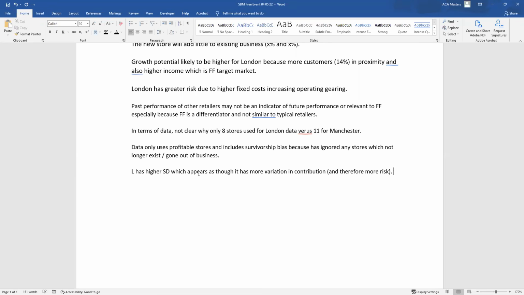Then you could put, however, need to adjust for size of values by using coefficient of variation. Then you could put London has a lower coefficient of variation.